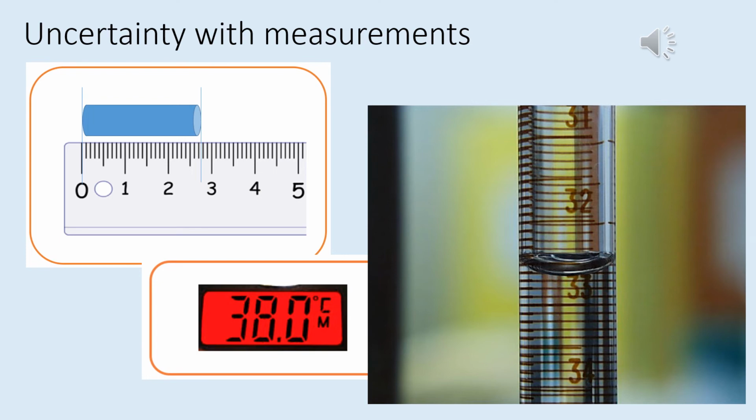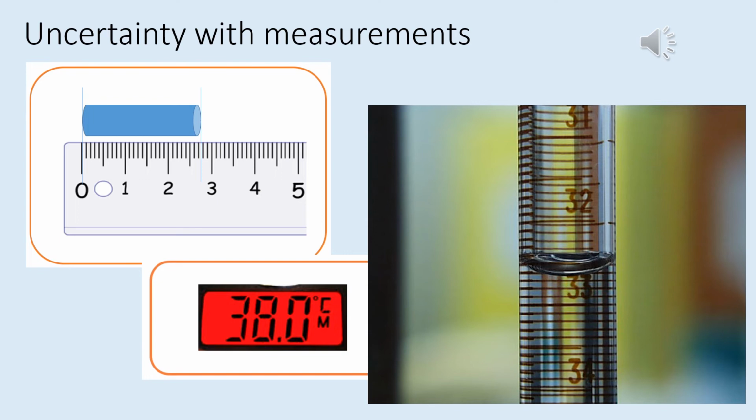Also, we don't know if the actual number is going to be bigger than 38.0 or smaller than 38.0. It could be that the number is actually 37.99, which has then been rounded to 38.0. Or it could be that the number is 38.04, which has then been rounded down to 38.0.